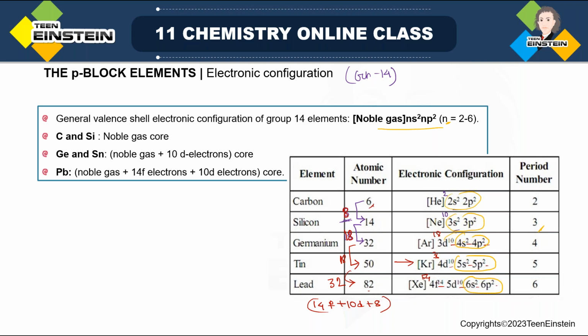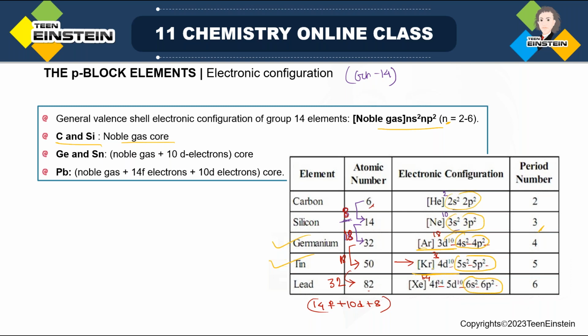Fine. So next we will see carbon and silicon. If you look at the code for carbon and silicon, the noble gas core is there, and just after that you have this configuration ns2 np2. If you consider the next two elements, germanium and tin, for these two, if you look at this part, here you have noble gas core plus 10 d electrons core.